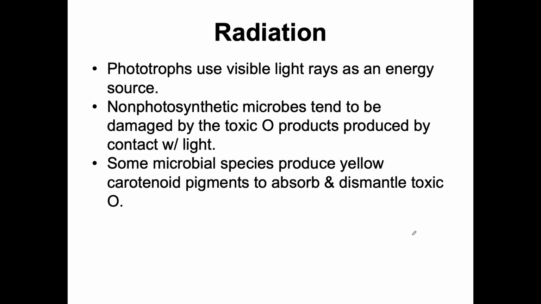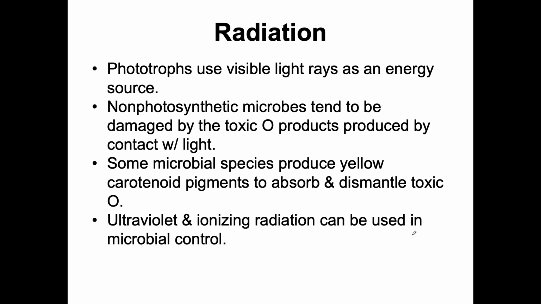Some species make a yellow pigment that absorbs and dismantles toxic oxygen. Ultraviolet and ionizing radiation, as a result, can be used to control a lot of microbial growth. So this is what you would use to sterilize stuff that you couldn't put in an autoclave, which has very high heat and pressure. So this is how we get things like sterile plastic products. Hit them with the UV and nothing's going to grow.